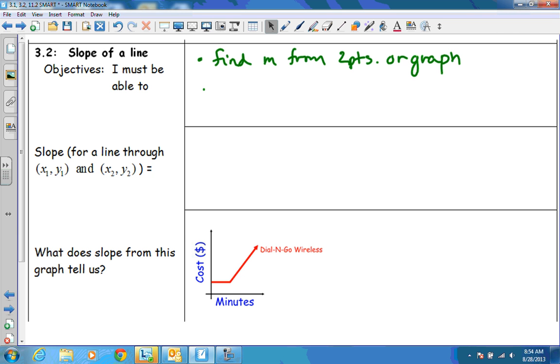And find parallel and perpendicular slopes.